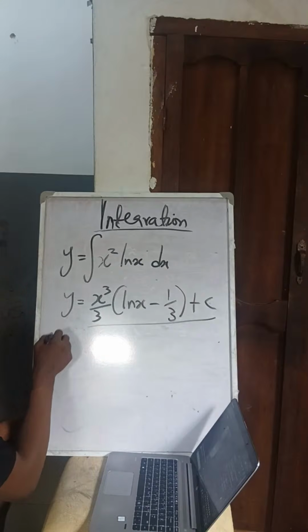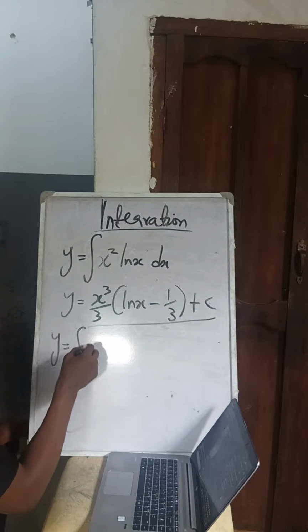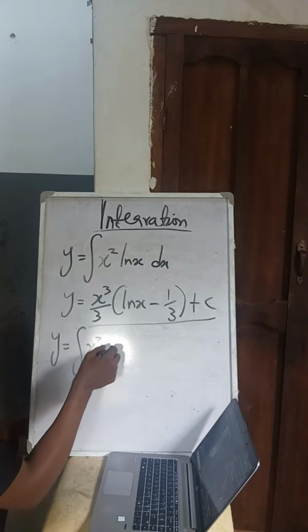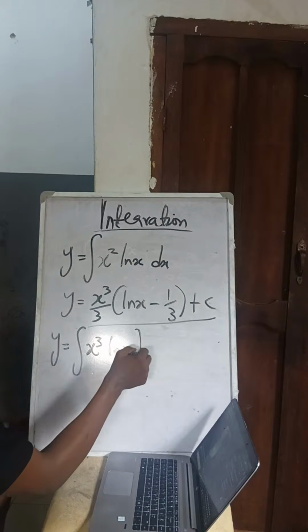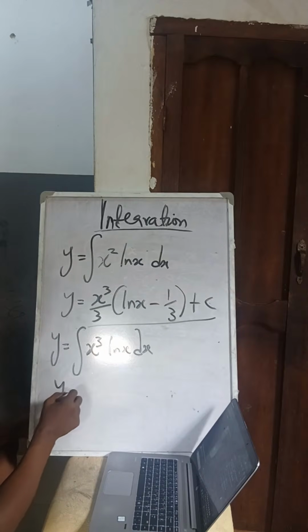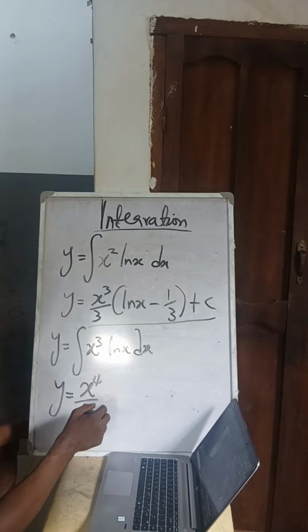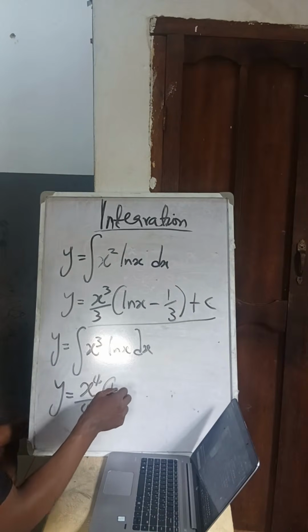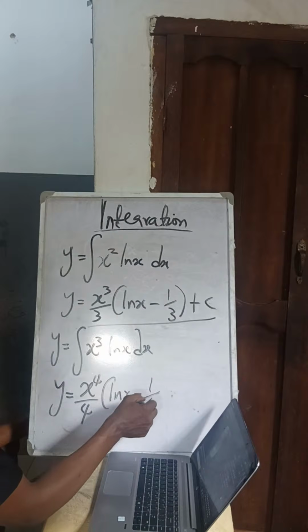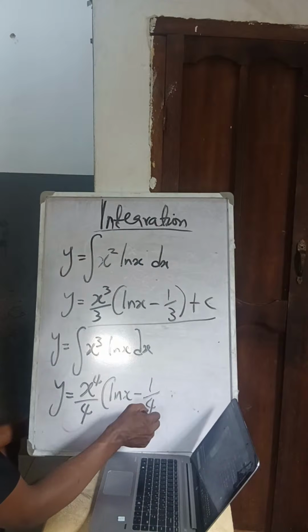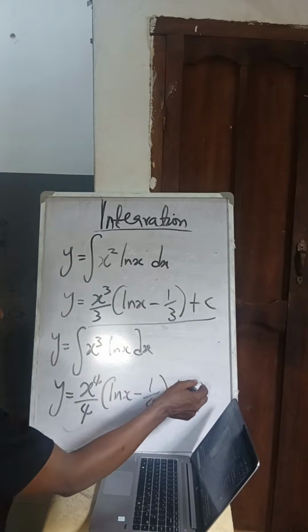Now, if you integrate x cubed ln x, what will you do? Integrate x cubed, you have x to the 4 over 4 into ln x minus 1 over 4 plus c.